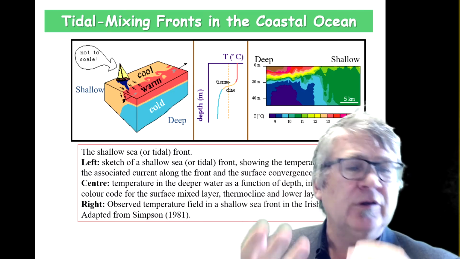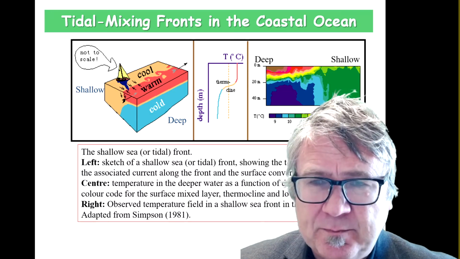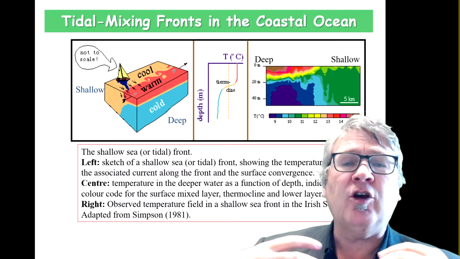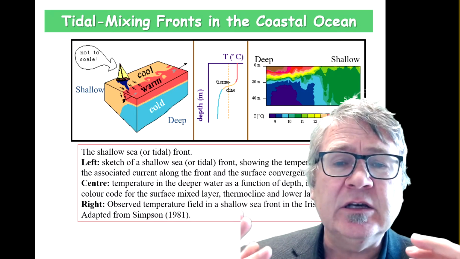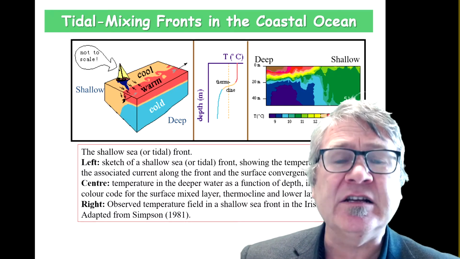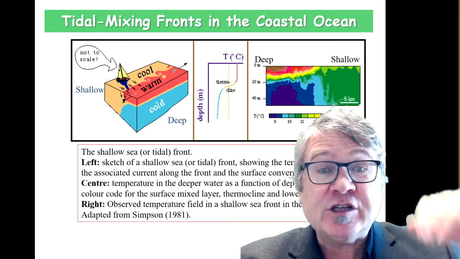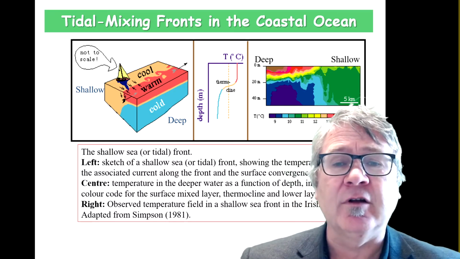You know a little bit about tides, but the key part is that tidal currents tend to be stronger, more energetic, swifter in shallower water. Shallower water has stronger tidal flow.